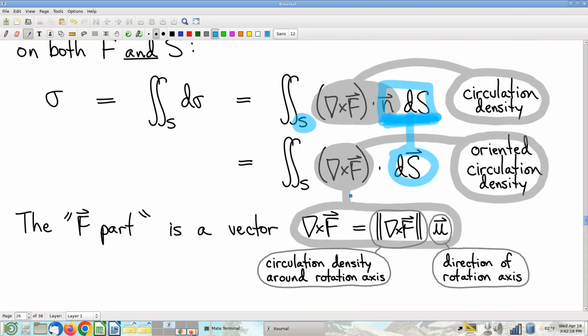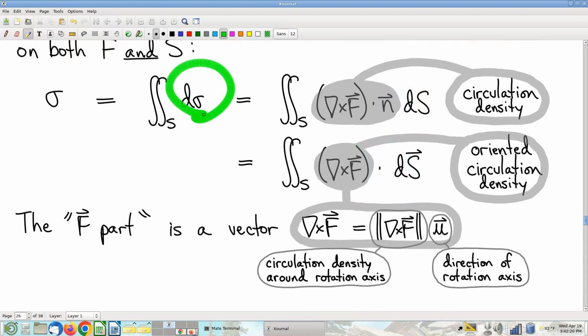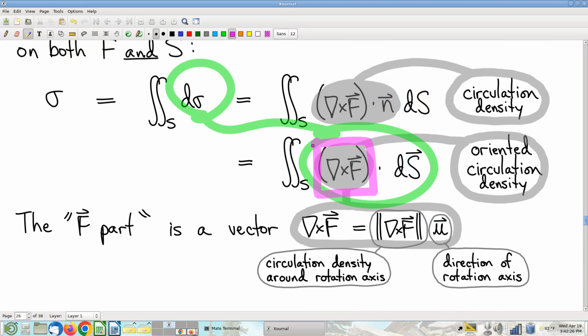So, okay, fine. Now let's reconsider circulation, thought of as this. How should I interpret this thing? Well, this now is the thing that you multiply, okay, dot product, fair, but that you multiply in a sense by oriented size.